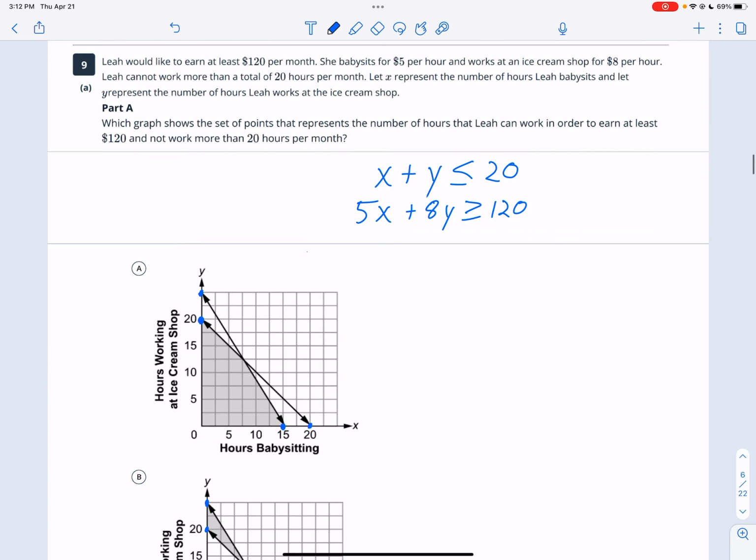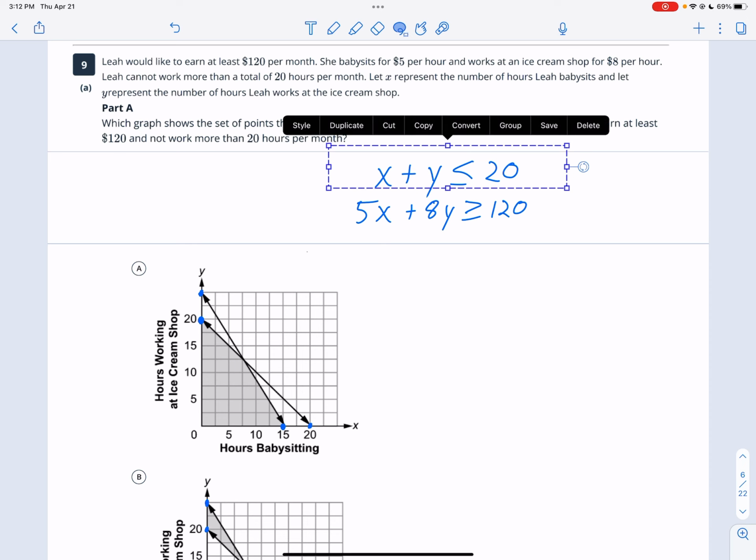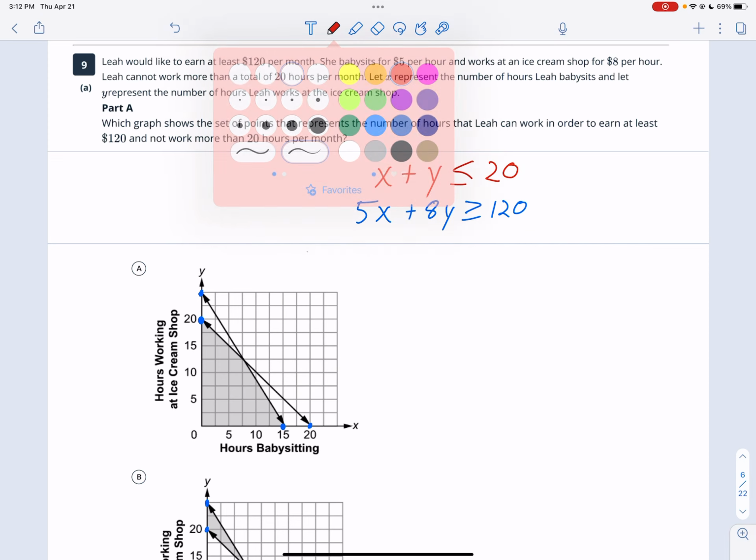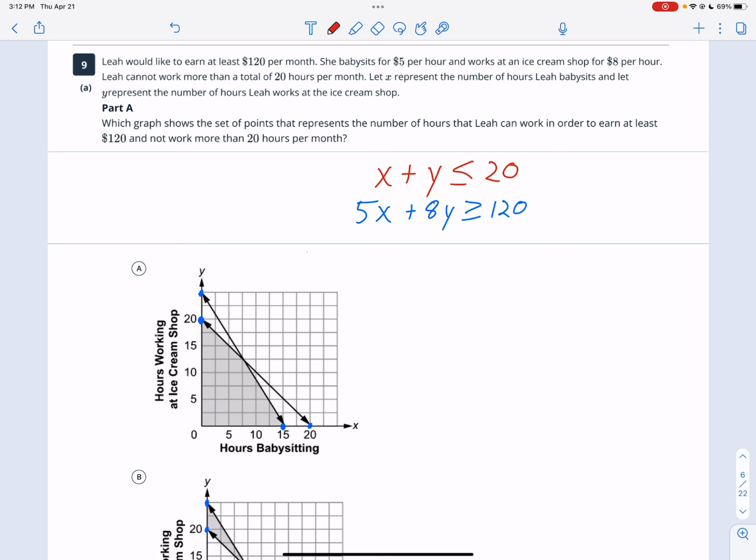So let's just look at our intercepts and try to graph them. All right, so for this one, we know the y-intercept occurs when x equals 0. So 0 plus y is less.